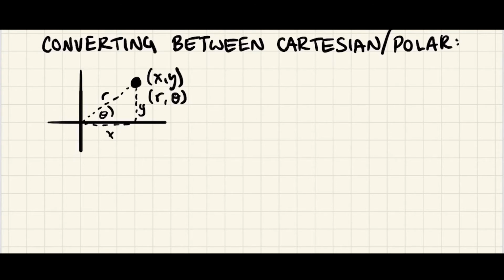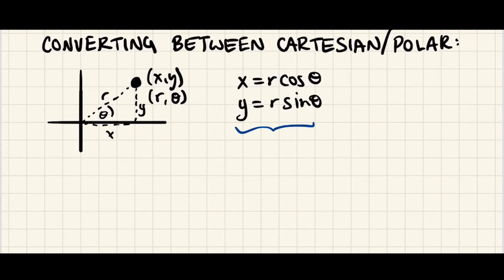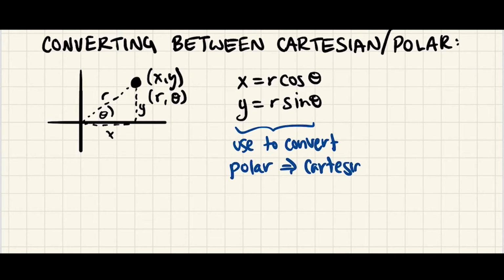So we can see that x is equal to r cosine of theta, and y is equal to r sine of theta. And these are the equations that you would use to convert from polar to Cartesian form. Okay, because it outputs very nicely x and outputs very nicely y if you have r and theta already known.